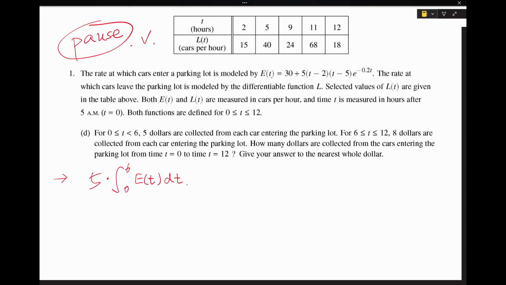So in a similar manner, we're going to have the expression of the cost from time 6 to 12 to be like this. Please remember that for this case, it costs $8. And finally, we're going to use the graphical calculator to solve this integral to have the final result of $3,530.